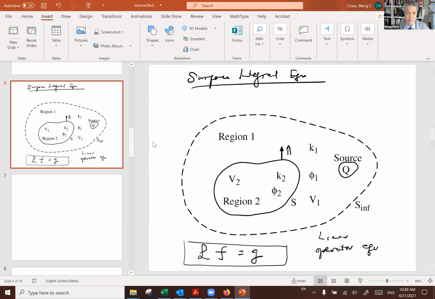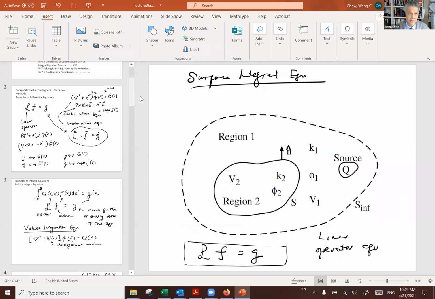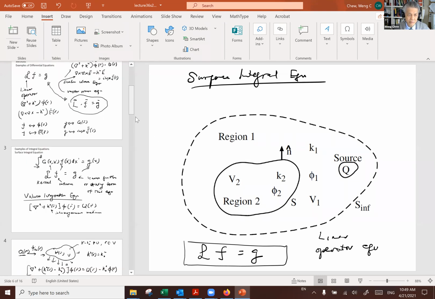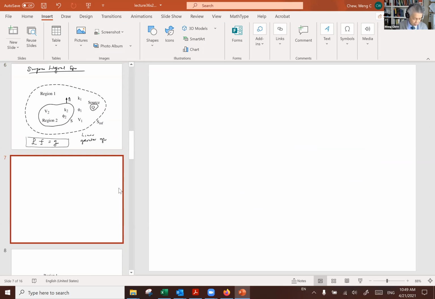So the same thing happens to differential equations. If you have differential equations to start out with, you can also cast them into a linear operator equation. Okay, so our task then is actually to figure out a way to solve these linear operator equations.